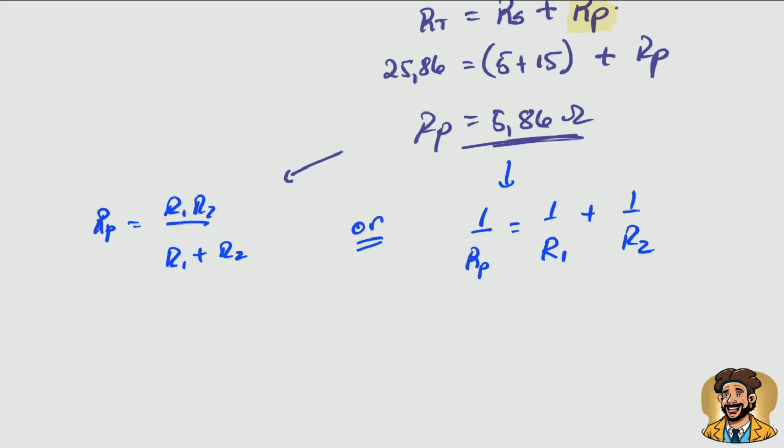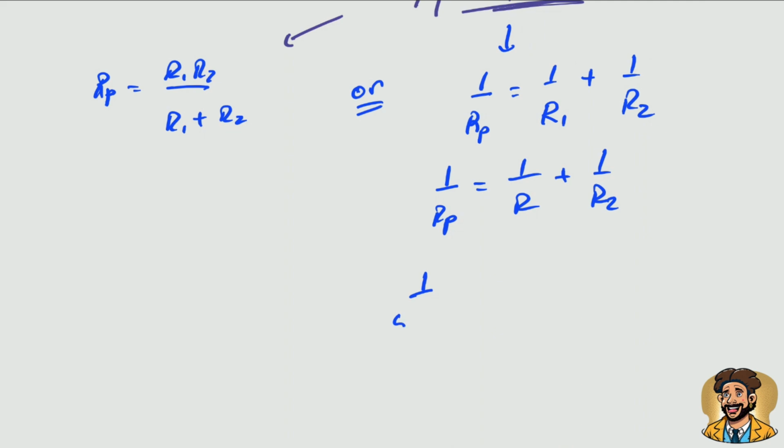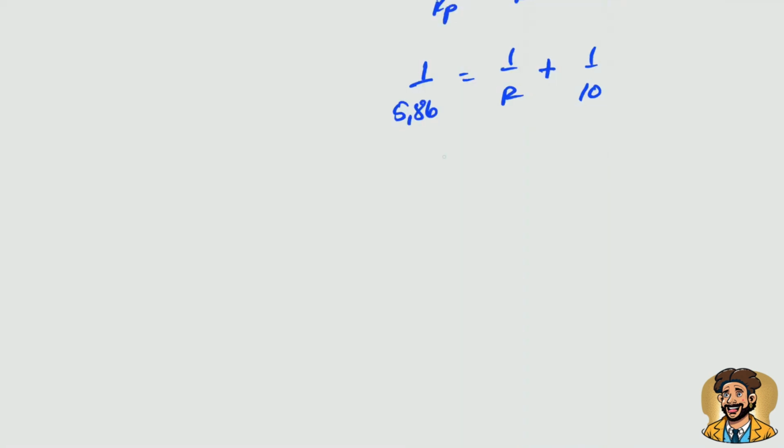Just for the purpose, I'm going to use the second one, and then we're going to calculate R. So 1 divided by RP is equal to 1 divided by R plus 1 divided by the other resistor, which we have the value for. If you substitute, RP is 5.86. This is equal to 1 divided by R plus 1 divided by 10.